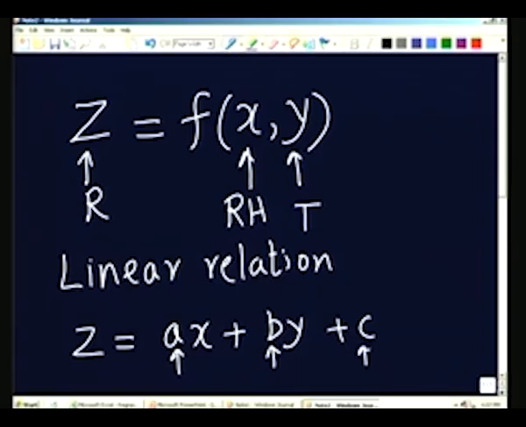This is the parameter, three parameters a, b and c, and the regression model will have to obtain three parameters by using the same principle which we have used earlier, the least square principle.